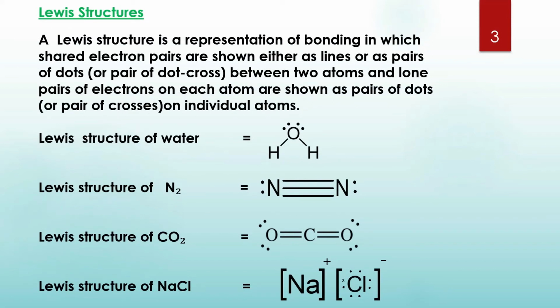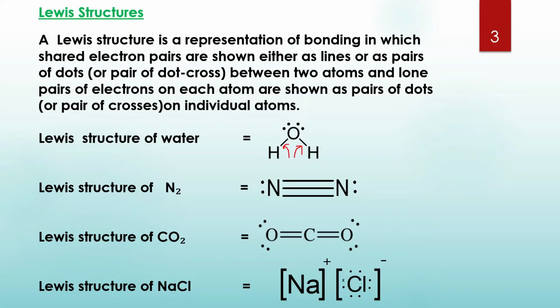So first of all, what is a Lewis structure? A Lewis structure is a representation of bonding in which shared electron pairs are shown either as lines or as pairs of dots. If you take the first example, the water molecule, the shared electron pair between oxygen and hydrogen is shown by lines like this.